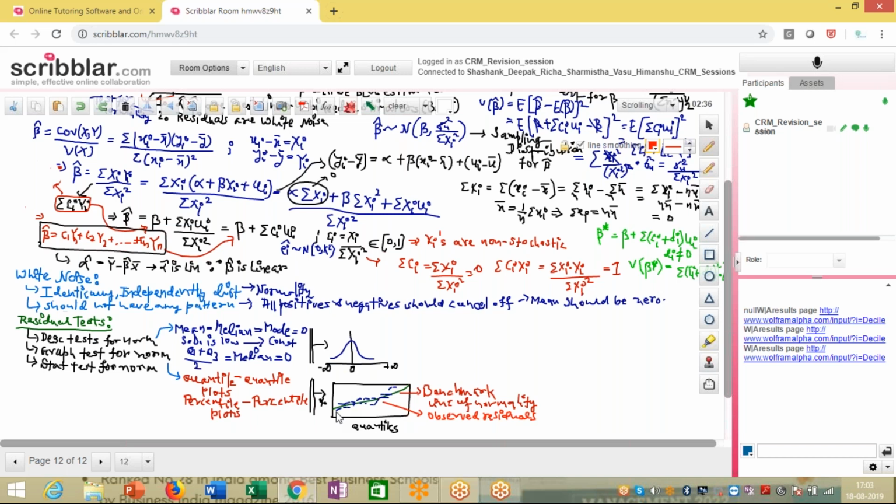So these are the two broad sets of tests that we generally use. The second set of tests that we use are the statistical tests. One of the very important statistical tests which we use to test for normality is the univariate case test.